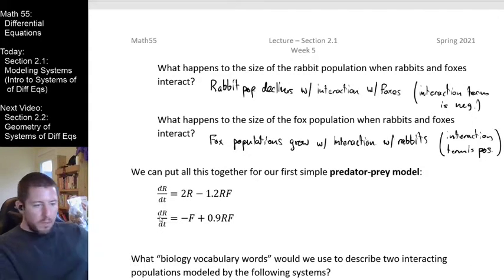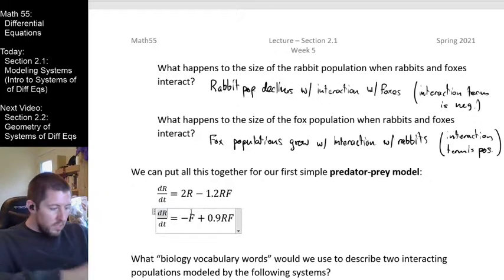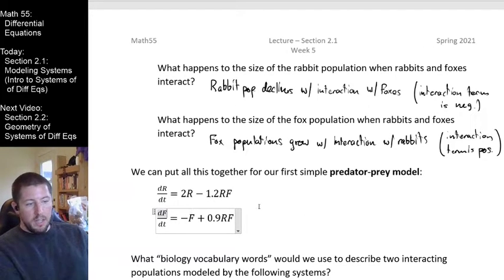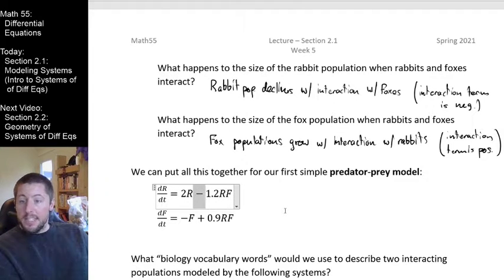The rate of change of fox population is negative if there's only foxes. However, when the rabbits and foxes interact, that is going to be a negative experience. It's going to cause a decline in the population size for rabbits. And when the rabbits and foxes interact, that's going to cause growth for the foxes.